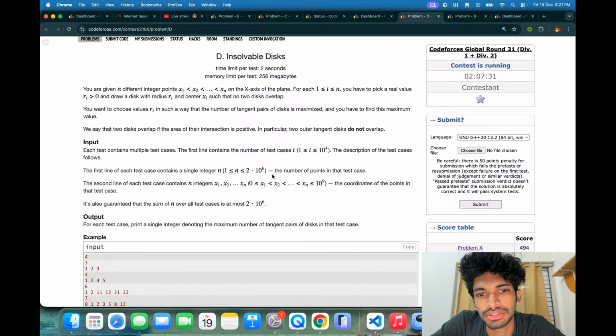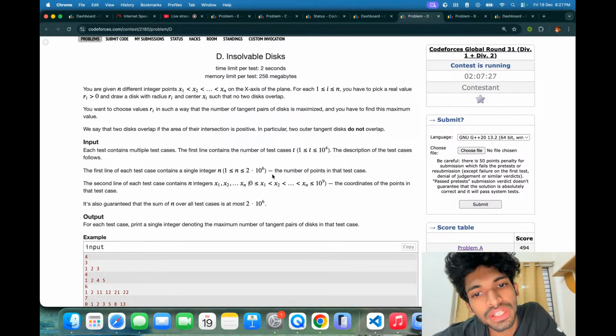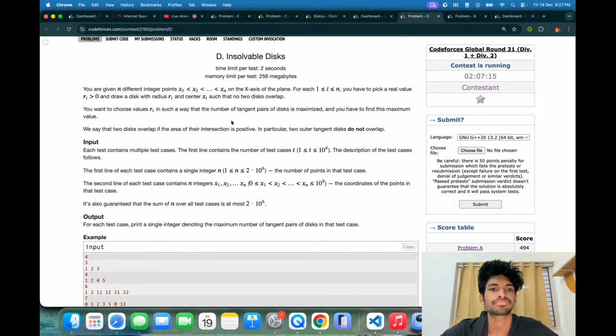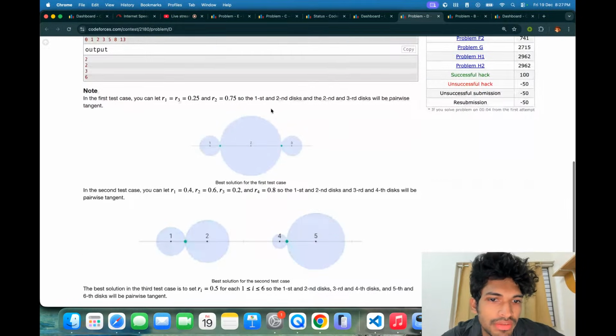We say that two disks overlap if the area of their intersection is positive. In other words, outer tangent disks do not overlap. Number of tangent pairs of disks. What does tangent pairs of disks mean?